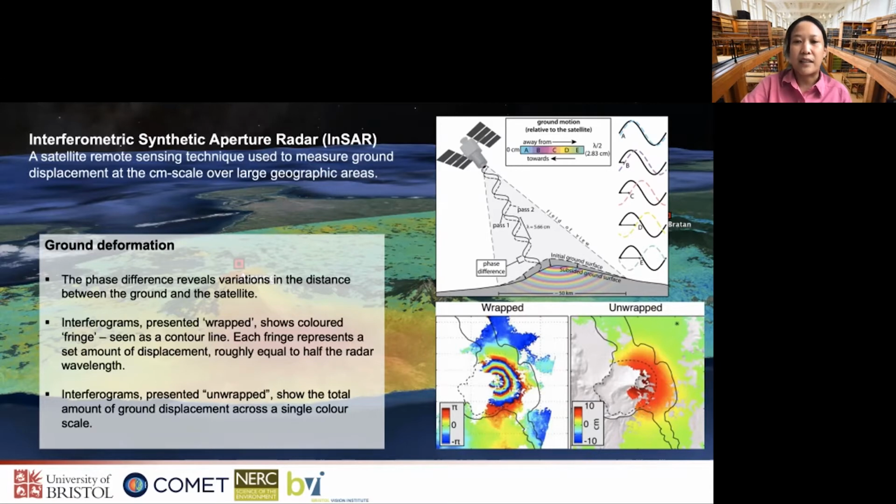And then we subtract these two. The phase difference is shown as fringes in the interferogram images. When we unwrap the phase, and we know the wavelength of the radar signal, then we can compute how much the ground moved in the line of sight direction between these two times.